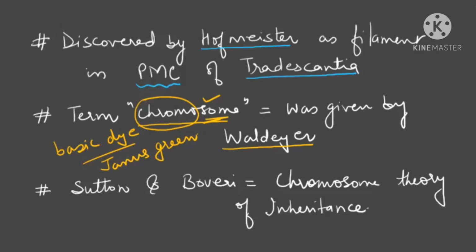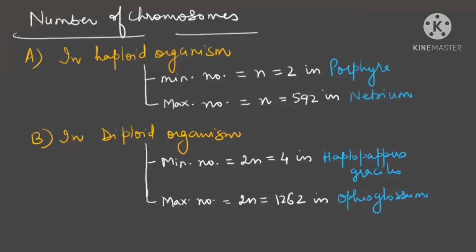Now let us see the number of chromosomes. A few facts are there with respect to chromosome number. Two types of organisms are there. One has the main body as haploid, which we generally see in lower plants like algae. The minimum number of chromosomes is n equal to 2, seen in Porphyra, a member of red algae.